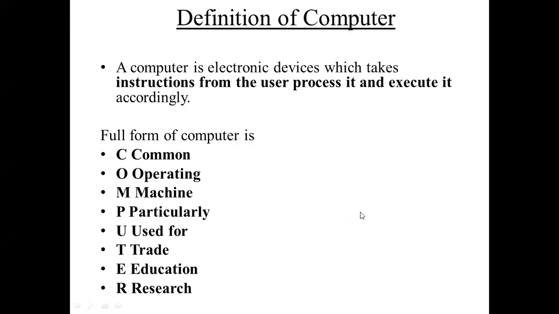So it's not a simple device, it's an electronic device which needs the assistance of electricity. It takes the instructions, meaning input commands, from the user, executes the commands, that is called processing, and gives the result back to the user.